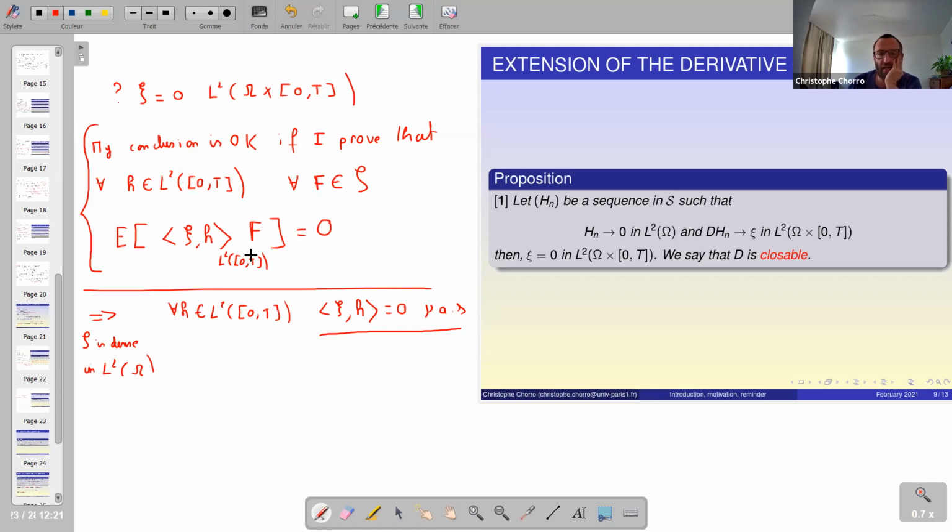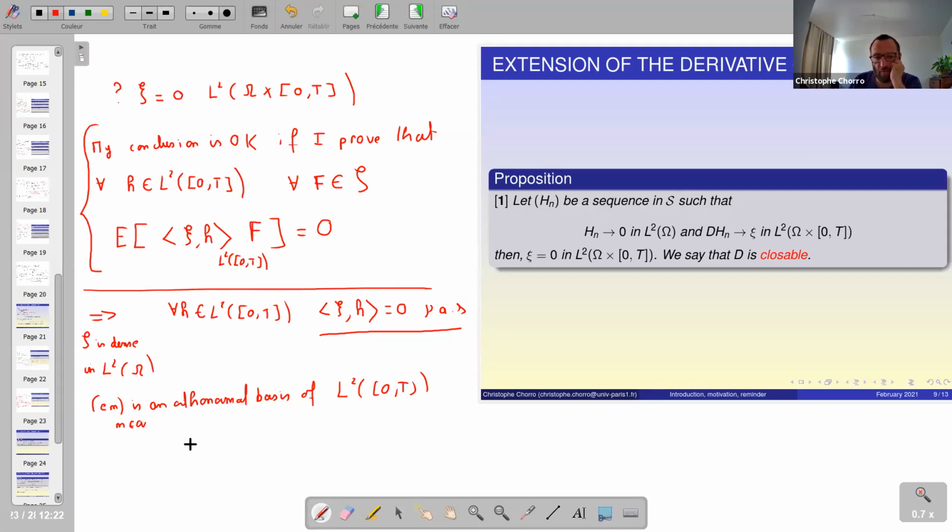And why can I conclude that C is equal to 0 here? In fact, keep in mind that if En is an orthonormal basis of L2 of 0 capital T, and keep in mind that this Hilbert space is separable, so there exists a countable orthonormal basis for this Hilbert space.